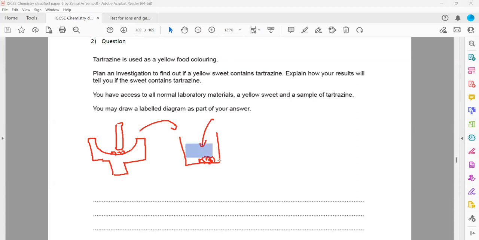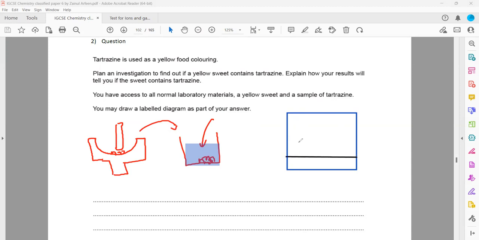So we dissolve and make a solution, because a solution can be applied on the chromatogram. Then we take a chromatogram. The technique is called chromatography, and the paper is the chromatogram. And draw the origin with pencil.